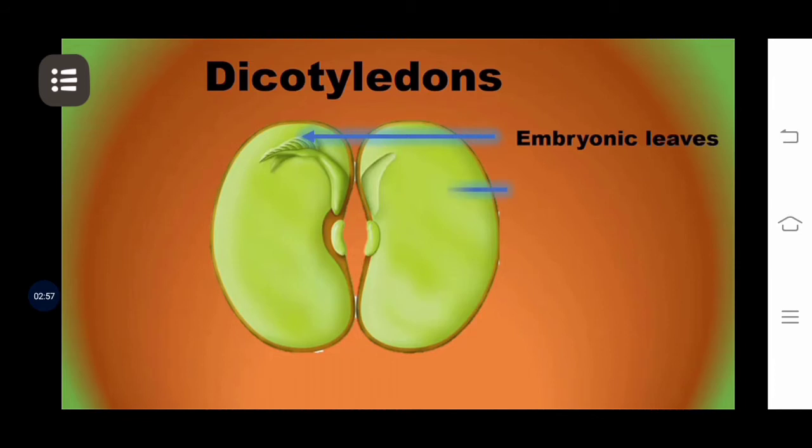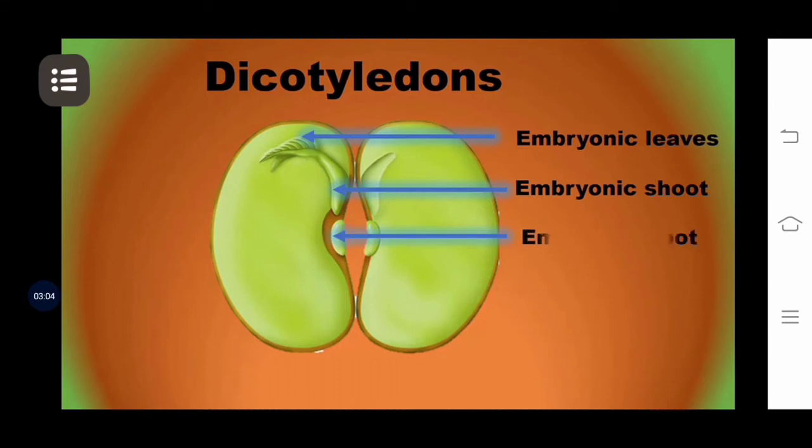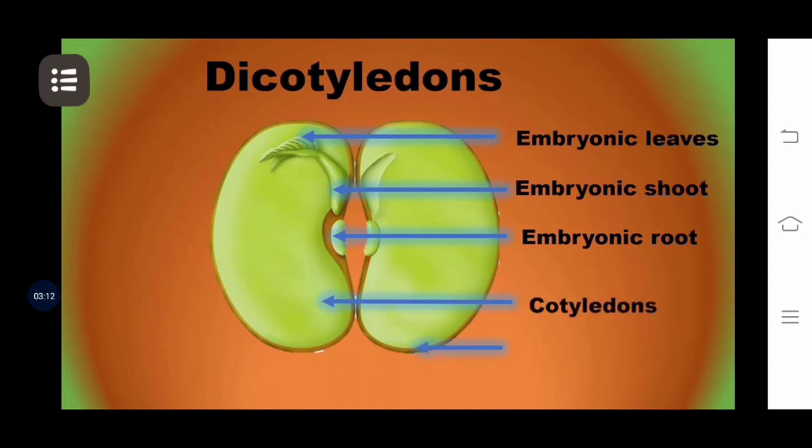In dicotyledons, there are embryonic leaves, embryonic shoot, and embryonic root with two cotyledons covered by seed coat.